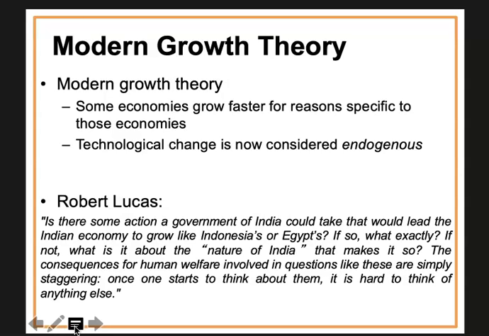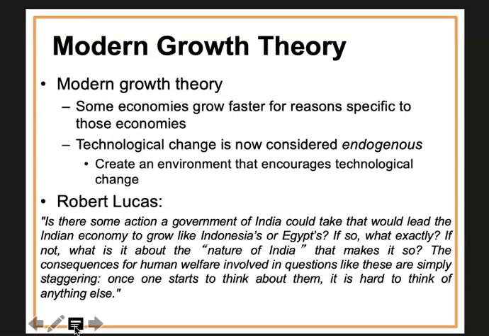We call this an endogenous variable. That means it creates an environment that encourages technological change, right? So everything should be in the model. What does it even mean? Put it this way, okay? Growth is sustained through technological innovation that occurs endogenously, driven by factors inside the economy.